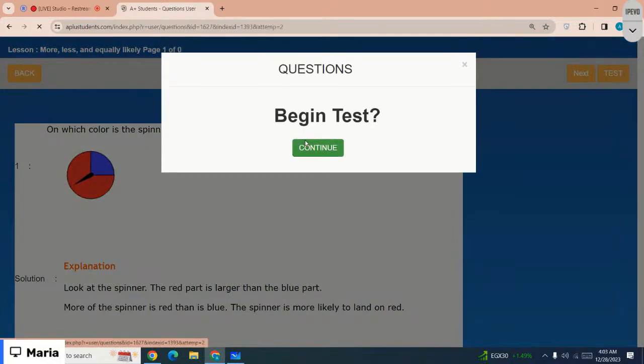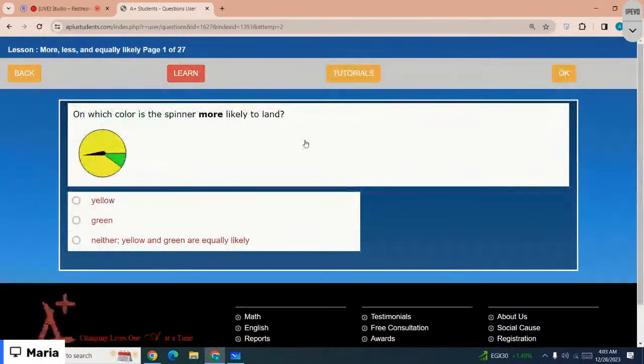Let's just start with the test questions. On which color is the spinner more likely to land? So which is the correct option? You can see the spinner has more portion that is yellow than green, right?